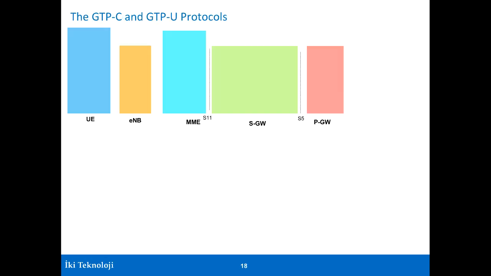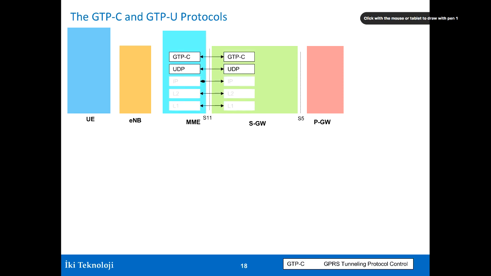So now looking at the second part of the control plane, that includes the MME and going all the way up to the P gateway, we have a control plane protocol, the GTP control, which goes between the MME and the serving gateway, and this runs on top of UDP. There's a specific port number for this GTPC, and the destination port number is 2152, which has been set aside.